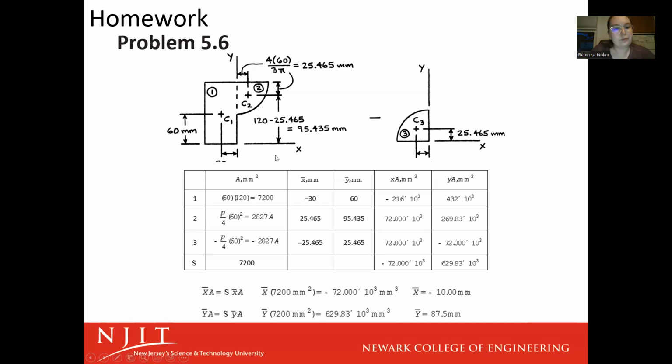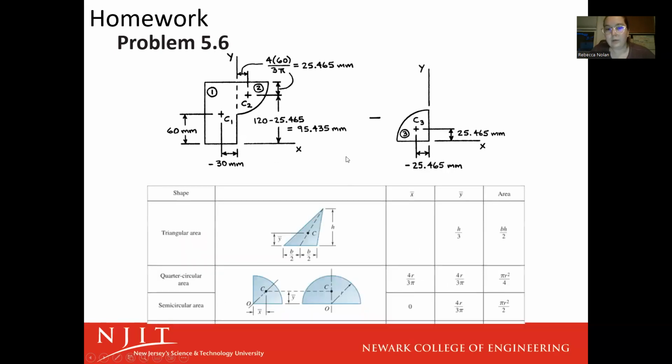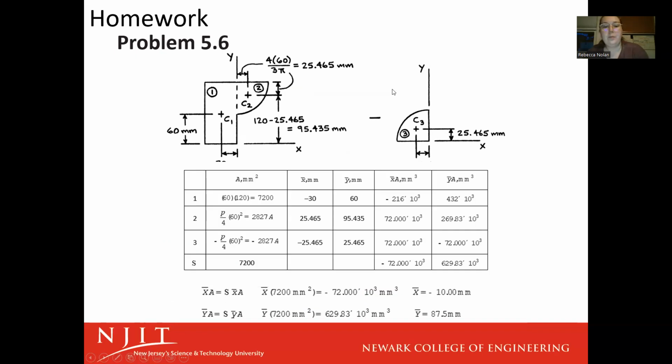So that would be 4r over 3 pi. Figure 2 is going to have a positive x bar and a positive y bar. To find, oh my goodness, guys, sorry, x bar and y bar, x centroid and y centroid.